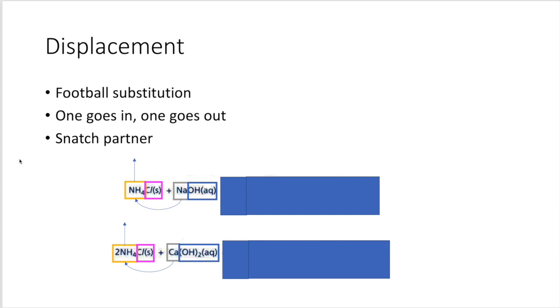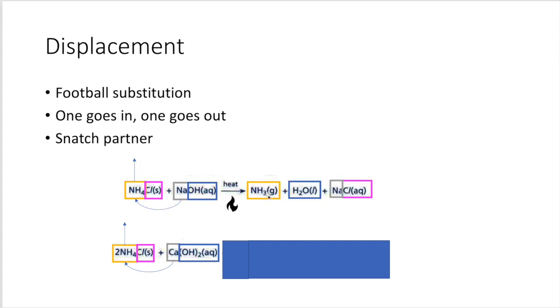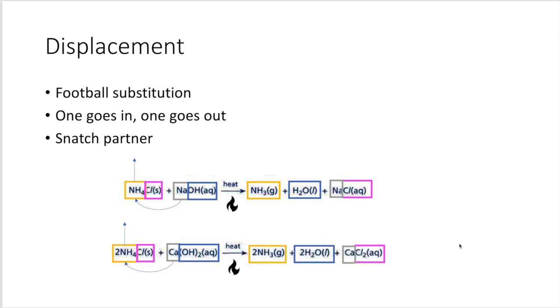Of course, sodium hydroxide being the strong base and sodium being a reactive metal, it is going to kick out the ammonium to give you the ammonia gas, water, and the salt. Same with calcium hydroxide: calcium being pretty high up in the reactivity series is going to displace the ammonium cation away from its anion to produce calcium chloride.